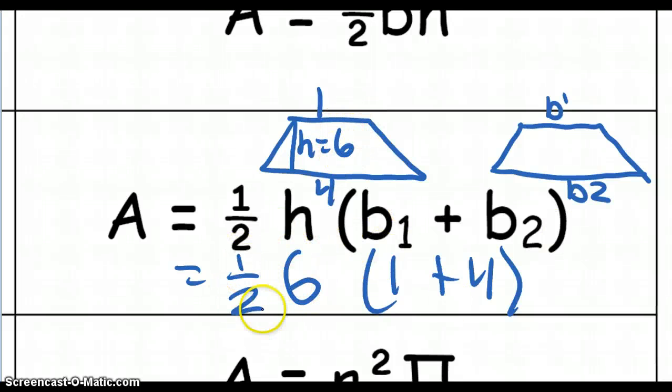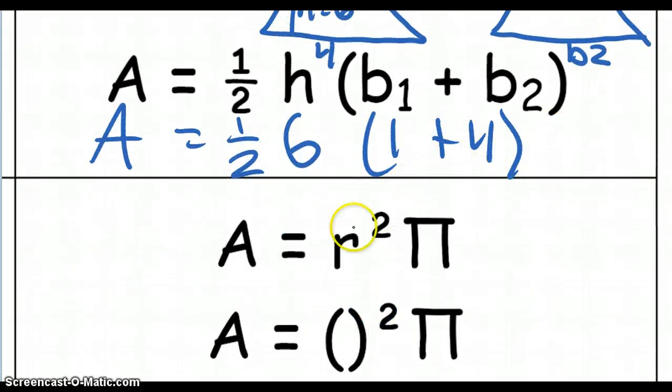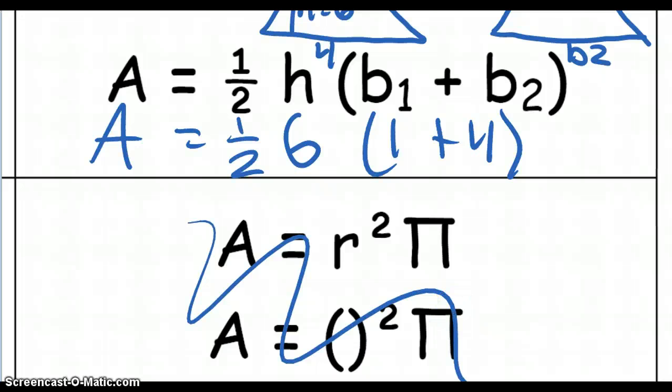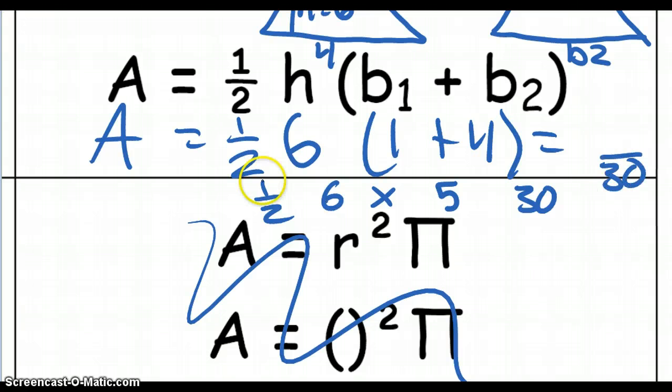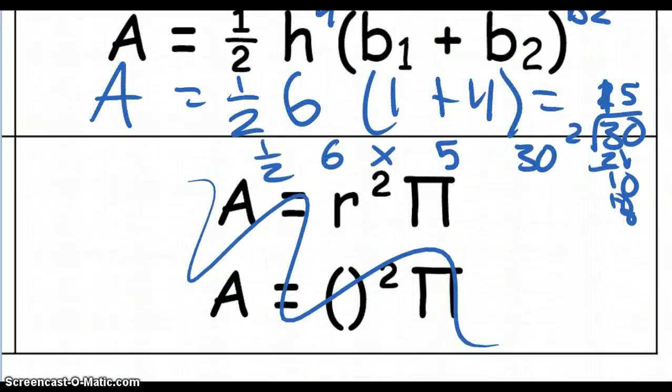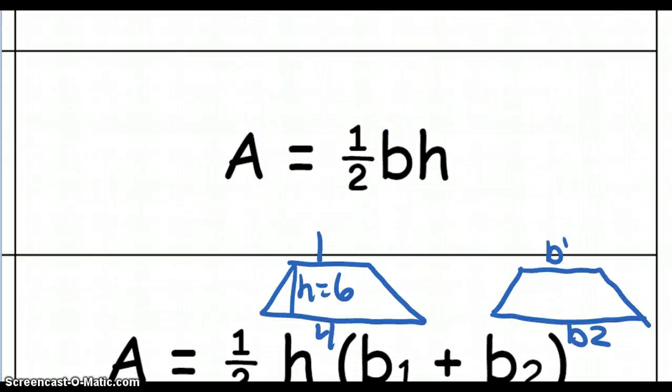So now it looks like this. 1 plus 4 is going to be 5. Then you have times 6 divided by 2. 6 times 5 is 30, and 30 divided by 2 is 15.